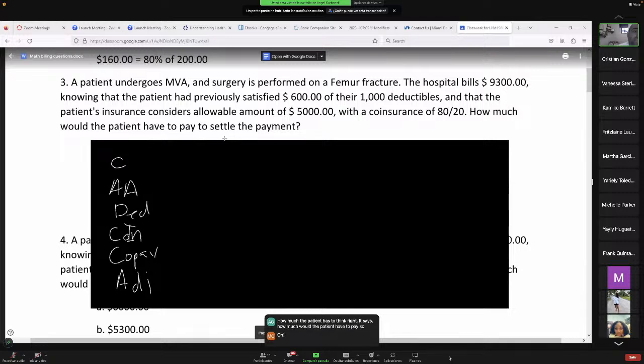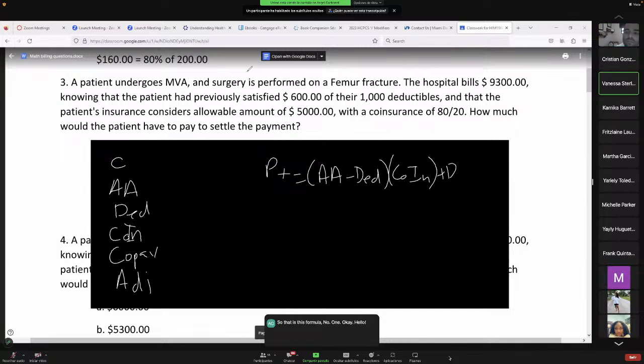So that is this formula: the one that says patient, and then amount, minus deductible, times co-insurance, plus deductible, plus copay. That's the formula. That's the part that you need to know and memorize.